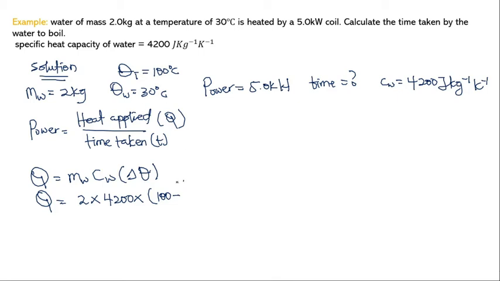So the initial temperature over here is 30. So if we do the multiplication, we get 8,400 multiplied by 70. So our heat energy involved over here is what?